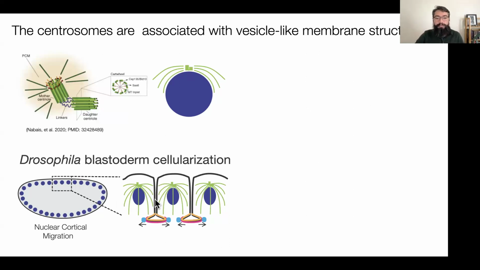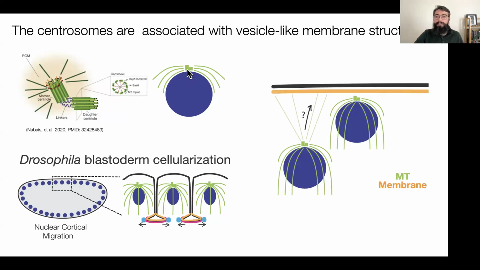The interaction between the microtubules of adjacent nuclei is what is important for defining the place of the cytokinetic furrow in two-dimensional cellularization. So we were wondering if this was also the case in chytrids when they migrate to the plasma membrane: if the centriole faces the membrane, and if this is important to define where those vesicles that initiate cellularization form.